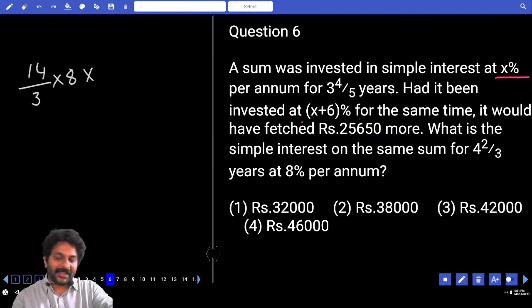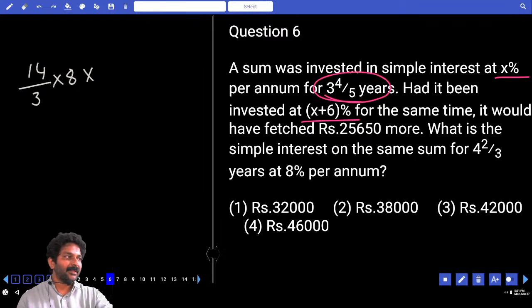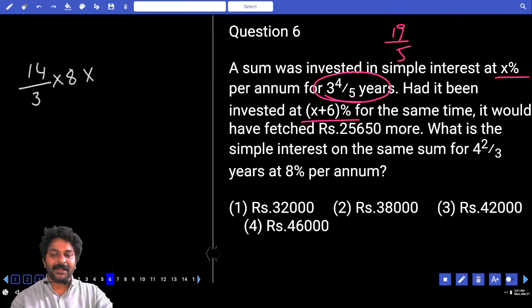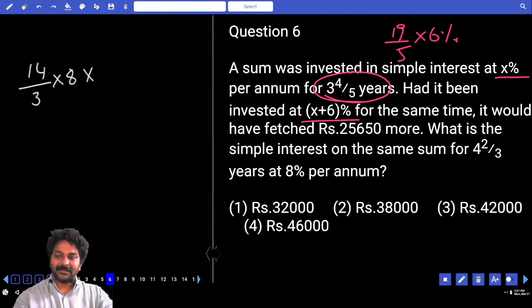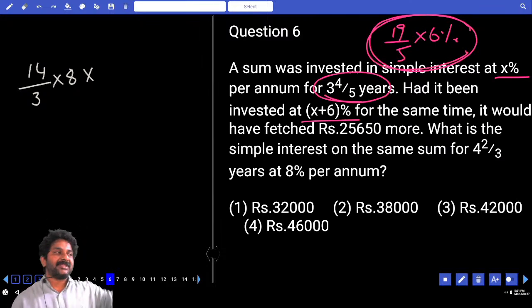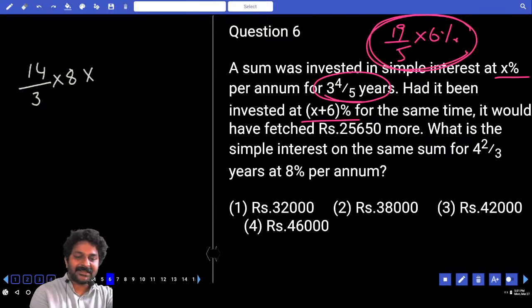What is the difference between x% and x plus 6%? Per year it is 6%, but for how much time? 3 4/5, how much is that? 19 by 5 years, and per year it is 6% extra, correct? Then because of this percentage there is a difference of 25,650, so the 1% value has 19 into 6 by 5 in the numerator.